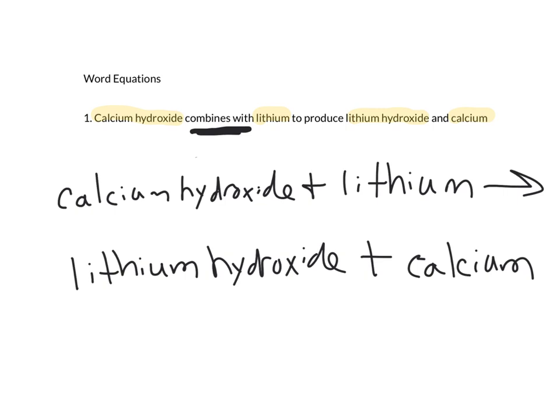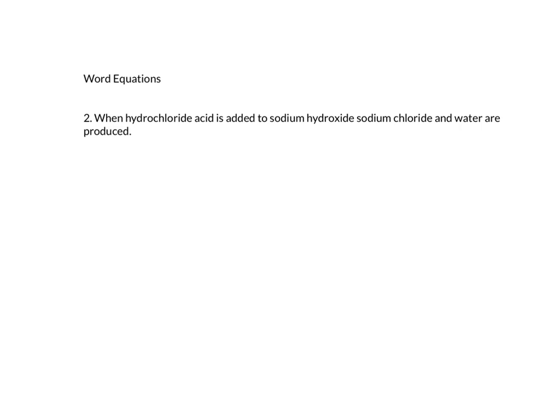It's a little bit different wording here. Okay. So it says here, hydrochloric acid is added to sodium hydroxide, sodium chloride and water are produced. Now this isn't the exact same sentence, but I'm going to be able to break this down. Okay, so let's take a look here. Hydrochloric acid is one chemical. It's being added to sodium hydroxide. So last time it said it's being combined with.